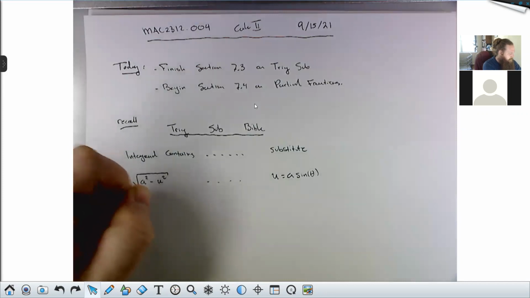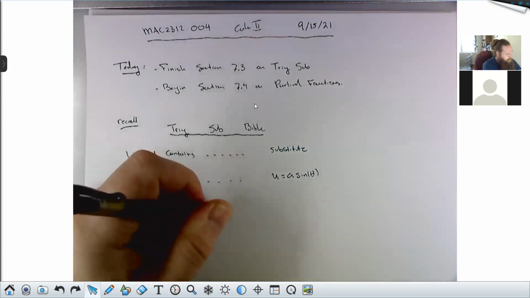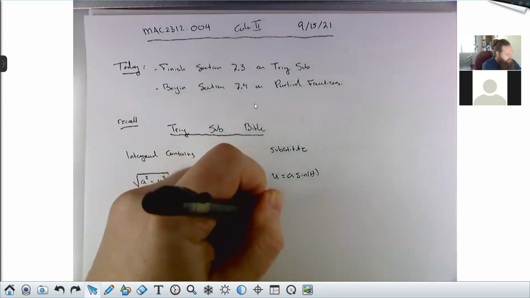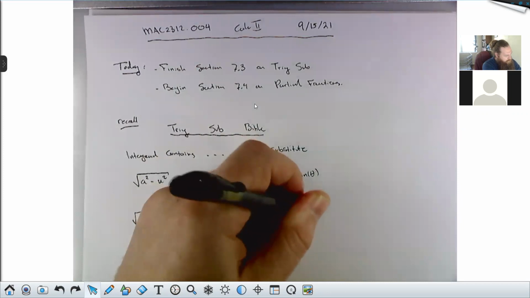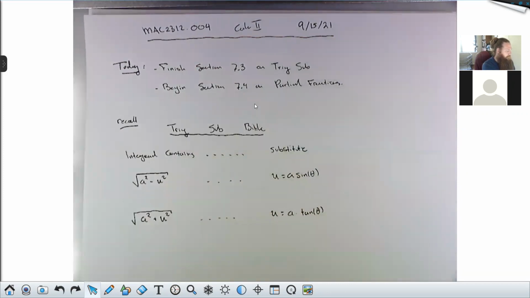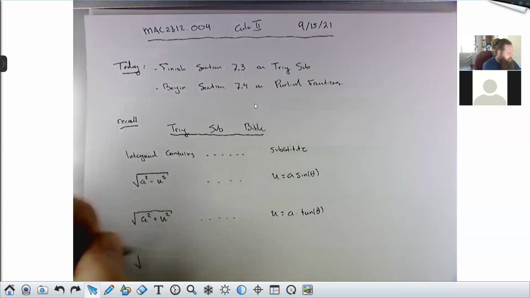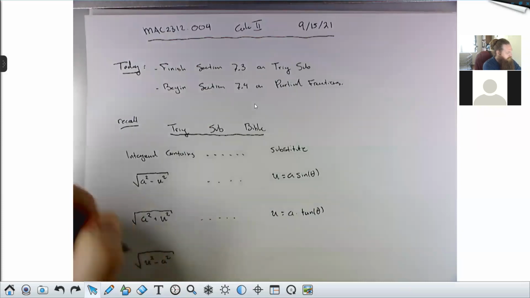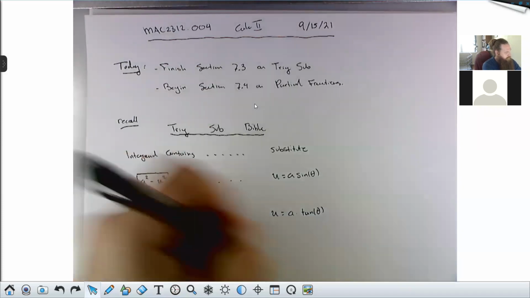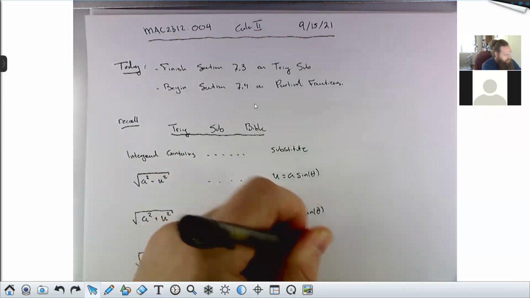If you have something like a squared plus u squared, like 1 plus x squared or 4 plus 2x all squared, then you would substitute u equals a times the tangent of theta. And if you have a square root of a difference of squares, like u squared minus a squared, then you would substitute u equals a times the secant of theta.